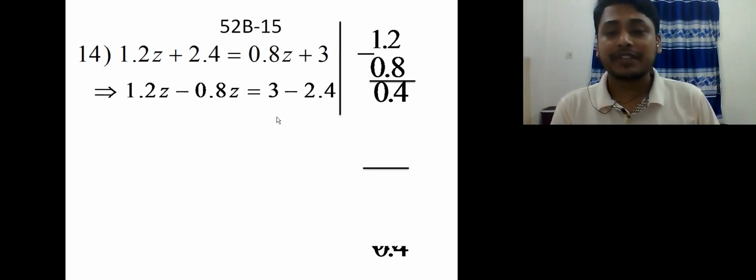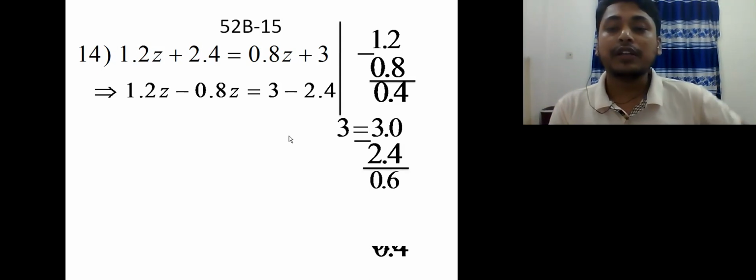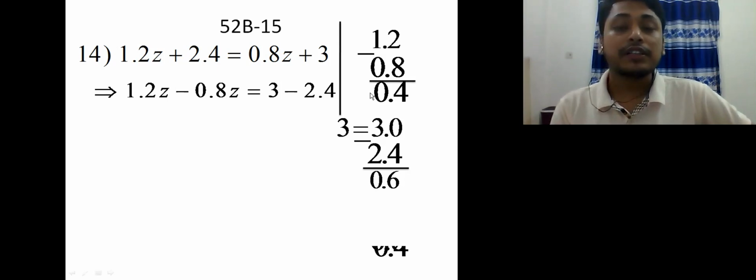Some of you make a mistake. 3 is bigger than 2.4, so we can write 3 as 3.0, because there is a point after any whole number. So 3 means 3.0. Subtract 2.4 and you will get 0.6, and for the first one you will get 0.4.